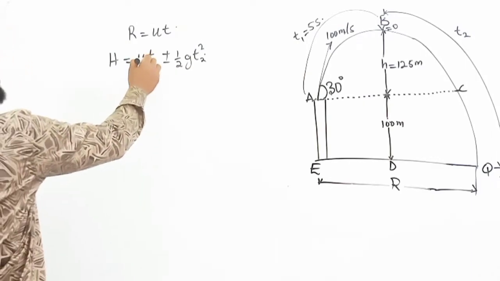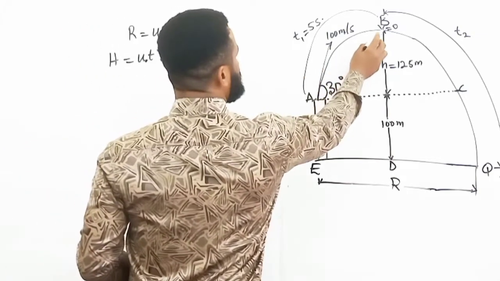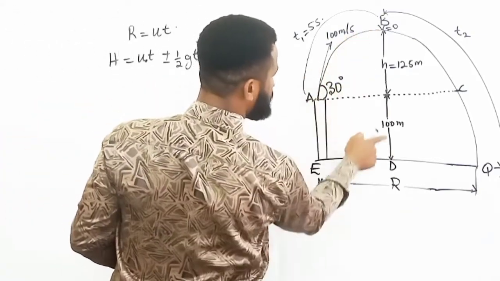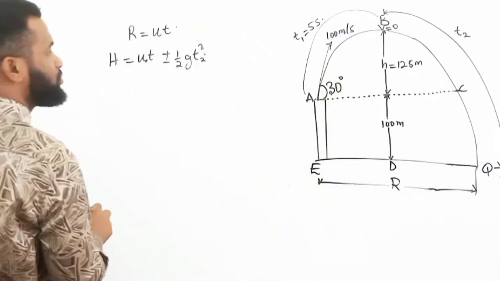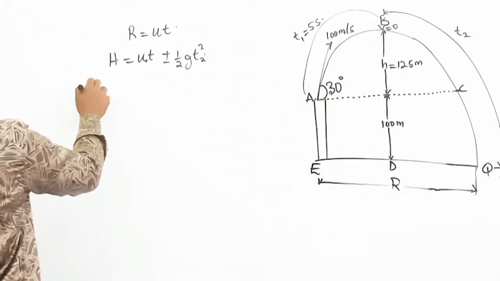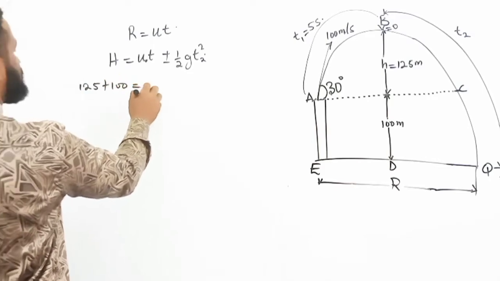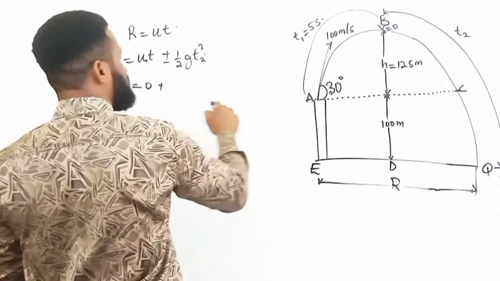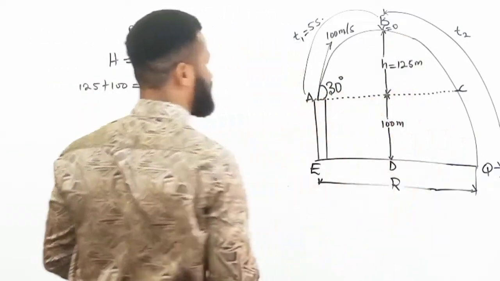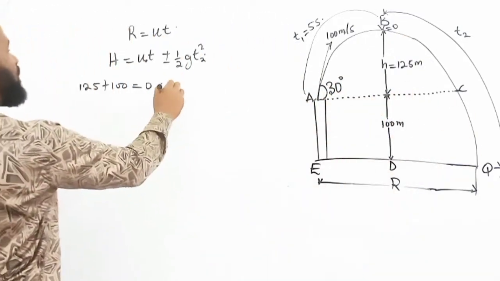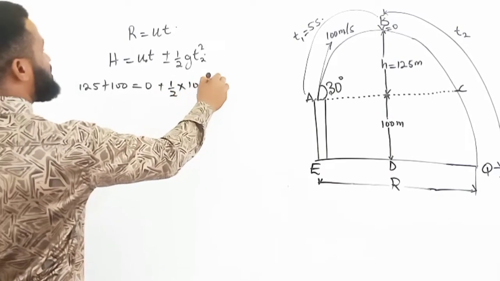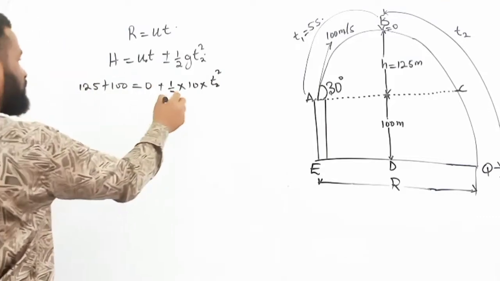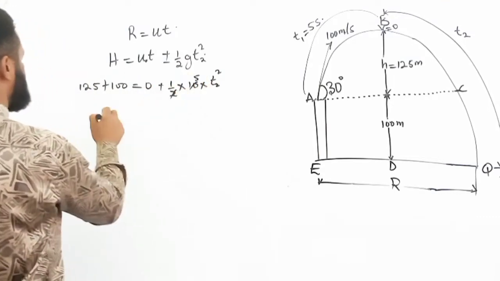And this u is this v, which is 0. And this height is going to be from top to this bottom, and that is going to be 125 plus 100, is equal to 0 plus, because it is going in obedience to the gravitational force, 1 over 2 times 10 times t squared, that is t2 squared. This cancels, which is 5.